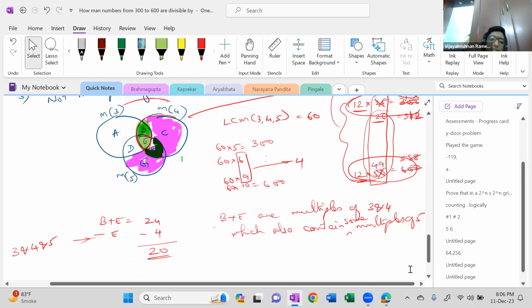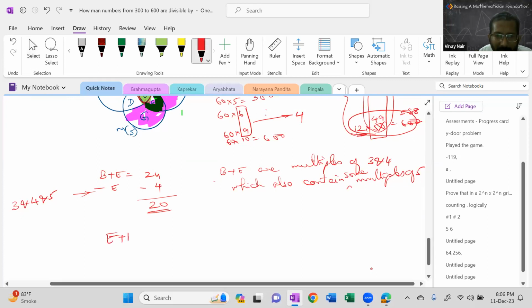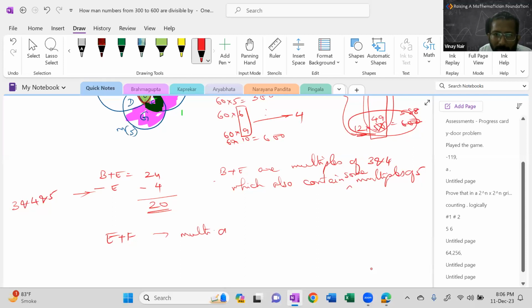Sir, multiples of 20, but not multiples of 3. Fantastic, right? So how do you find F? We find E plus F, which are multiples of 4 and 5. You find that, and that will be what?